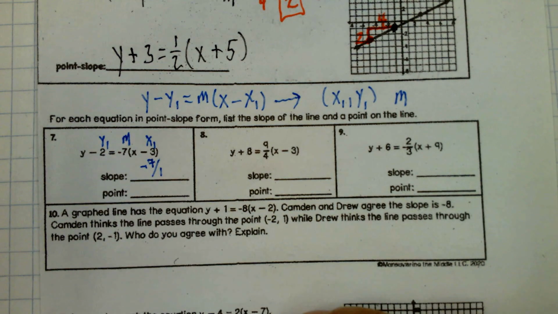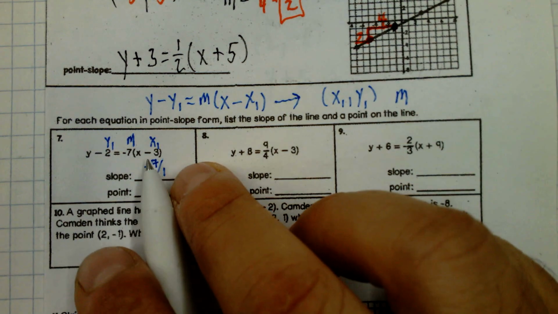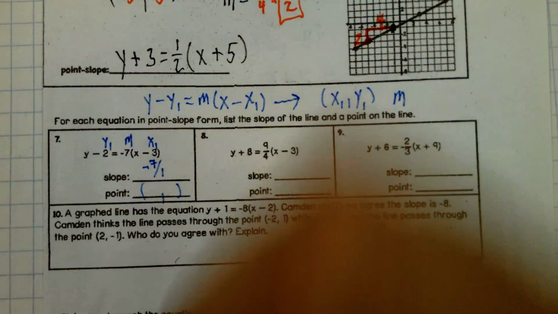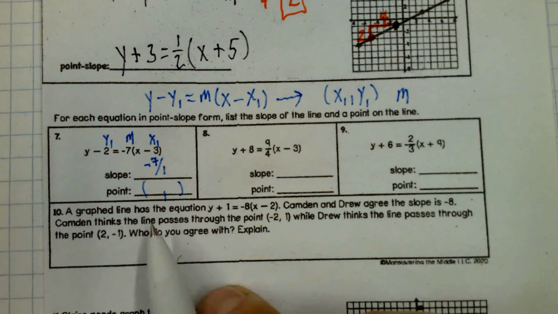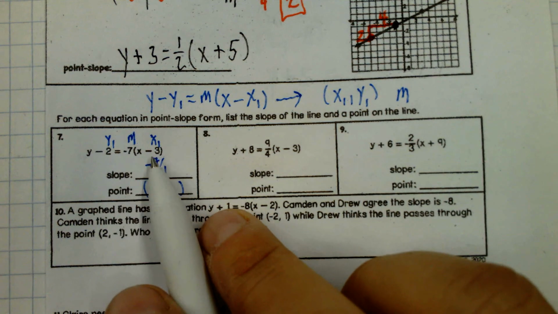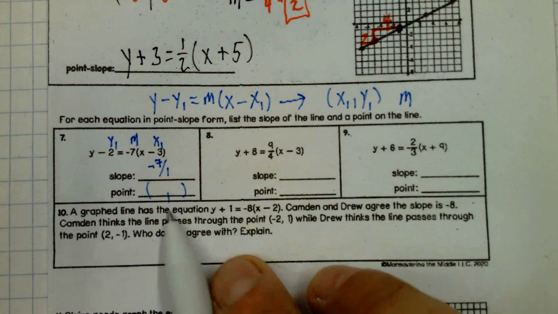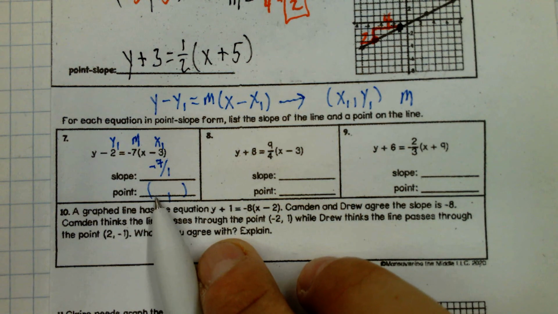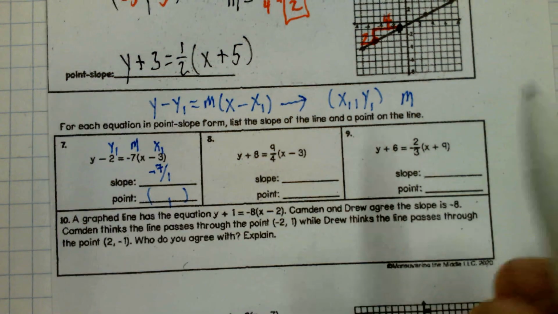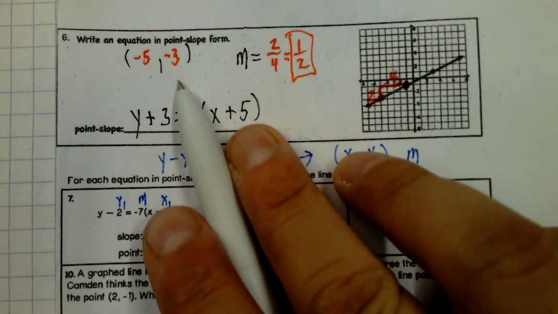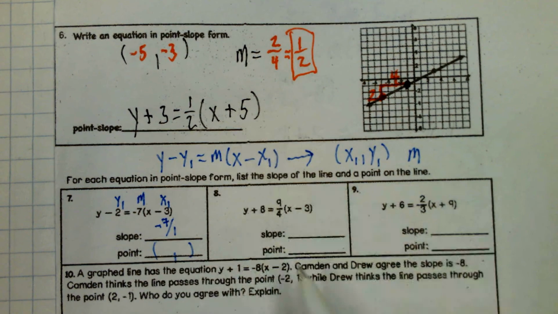Okay, so now let's recall what we did when we put the points in. If I see, for example, for x1 right here, if I see -3, what number do you think goes here? Well, remember what happened. If the points were negative, it actually became a plus.